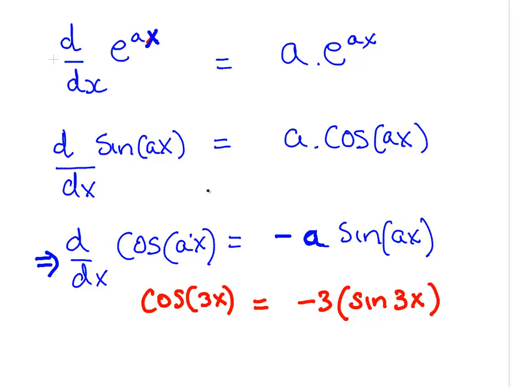And the derivative of sine of 3x gives you 3 times cos of 3x. Just make a little mental note of them because I'm going to use both of those identities very shortly.